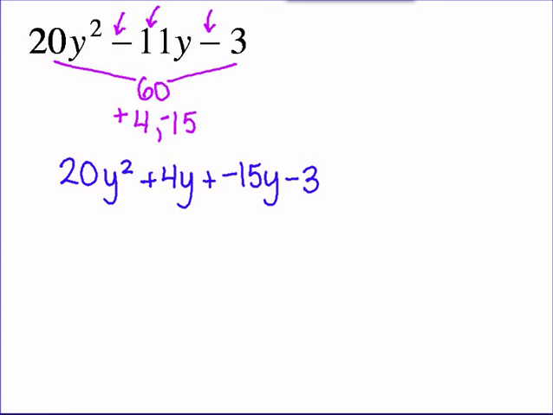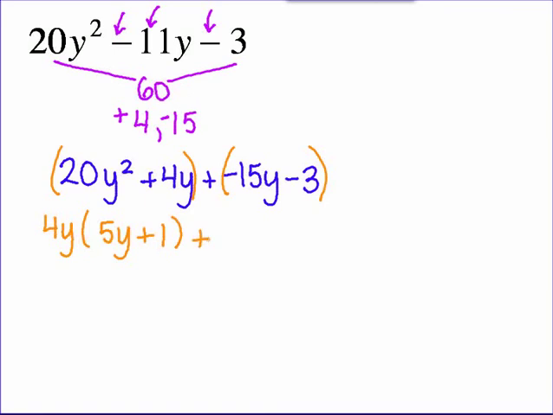So now what I need to do is group up. What is in common with the first one? 4y. Now when I take out a 4y, what do I get? 5y plus 1. Now you won't always get plus 1. In this case we do, but you won't always get that.